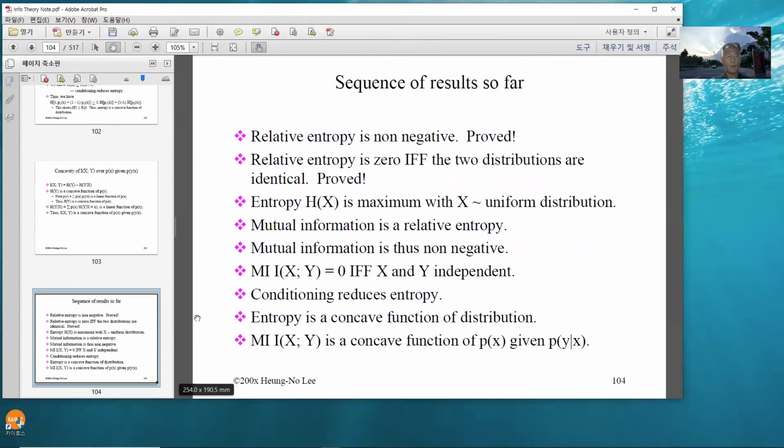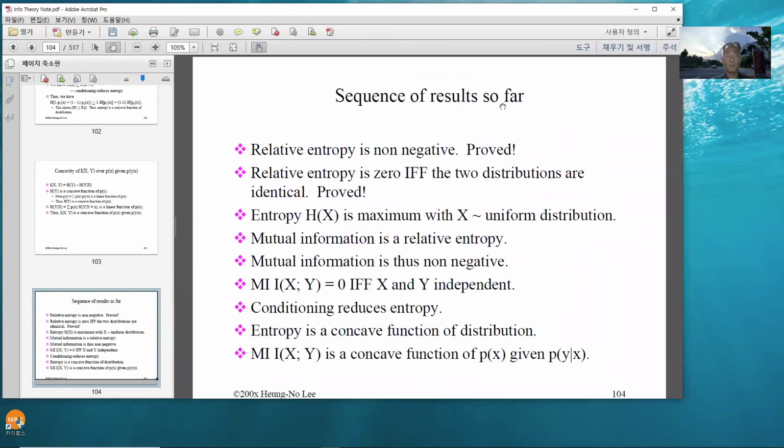So here is the sequence of results so far. Relative entropy is non-negative, has been proved. And relative entropy is 0 if and only if the two distributions are identical, proved. Entropy H(X) is maximum if X is uniform distribution. Mutual information is a relative entropy between the joint distribution and the product distribution.